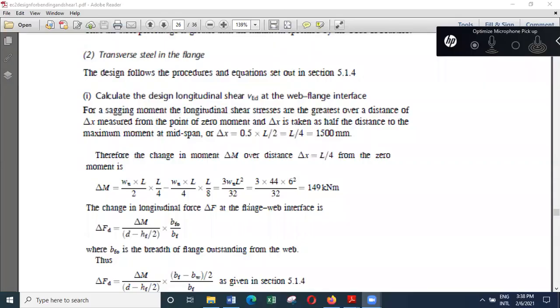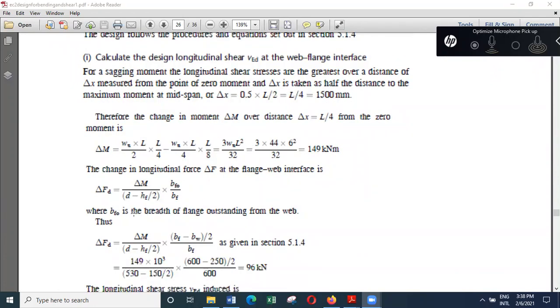So this delta M, this M at L by 4, is the bending moment at L by 4. That is the earlier equation we discussed, and the force in this area is given by this equation. So that way we can find the reinforcement needed, so the force needed.